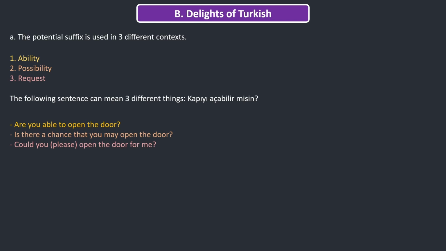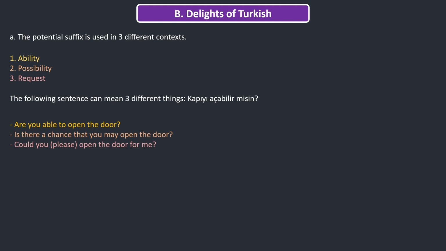It is all about the possibility, it is all about the ability, and this distinction is unclear and it depends on the context in the positive form. Okay? That's why this is important. It has three different meanings in the positive form.